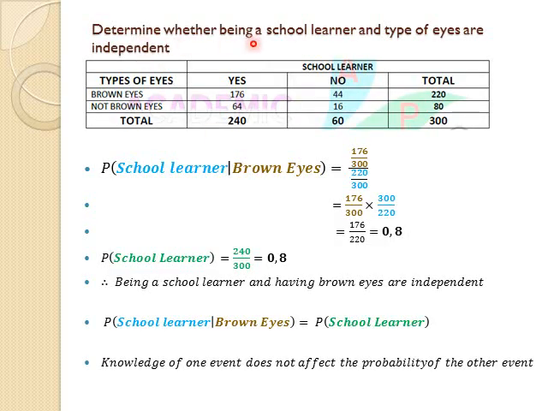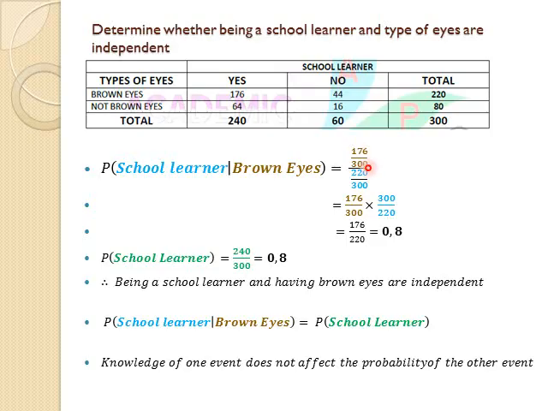Right, so determine whether being a school learner and type of eyes are independent. The probability you're a school learner given that you have brown eyes would equal the probability that you're a school learner with brown eyes, which is 176 out of 300, divided by the probability you are a brown-eyed learner, which is 220 divided by 300.